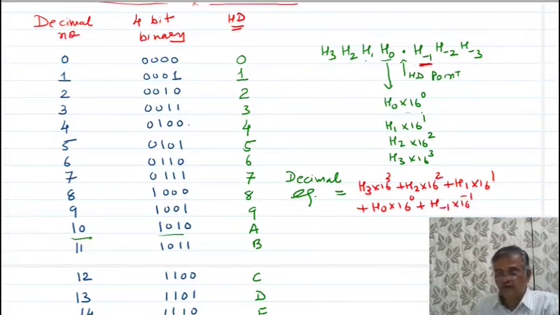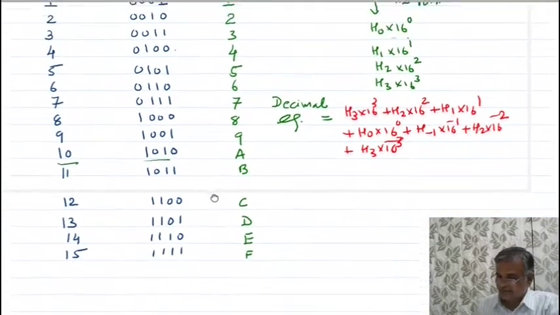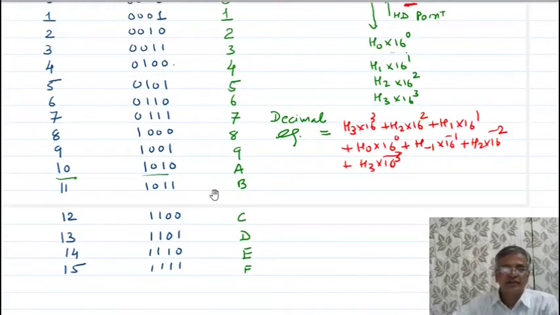The weight of the digit just after the hexadecimal point is 16 raised to minus 1, then 16 raised to minus 2, then h minus 3 into 16 raised to minus 3.